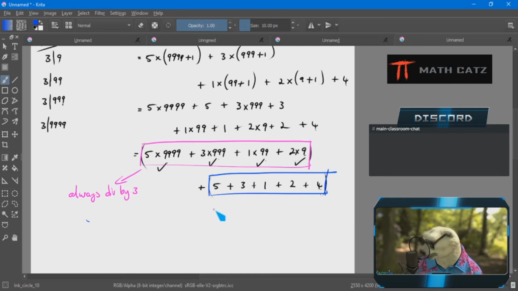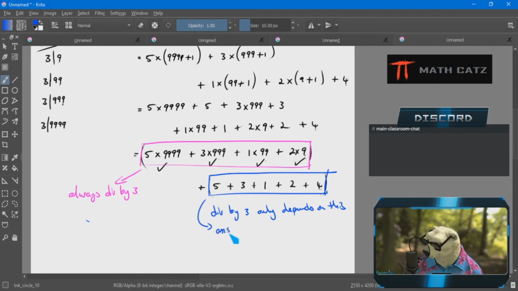So what I have is that only this blue section is what's going to decide if my original number is divisible by 3. So divisibility by 3 of the original only depends on this blue section. And now we can say, well, this blue section is 5 plus 3 is 8, plus 1 is 9, plus 2 is 11, plus 4 is 15.